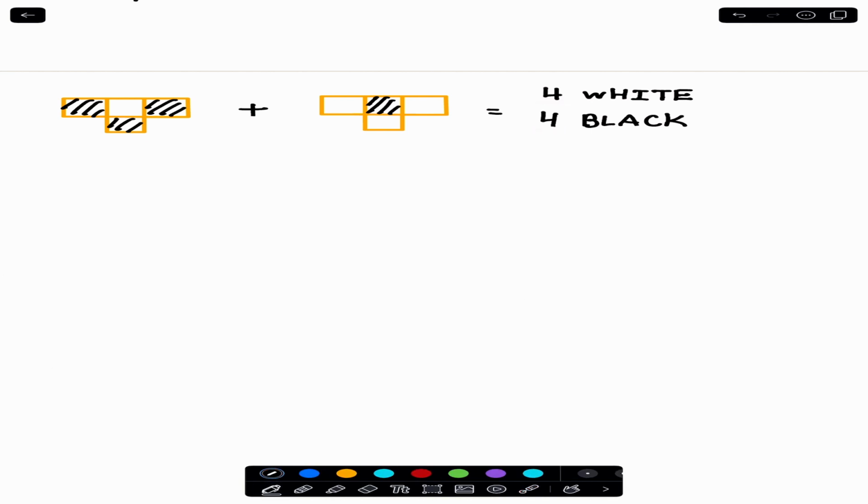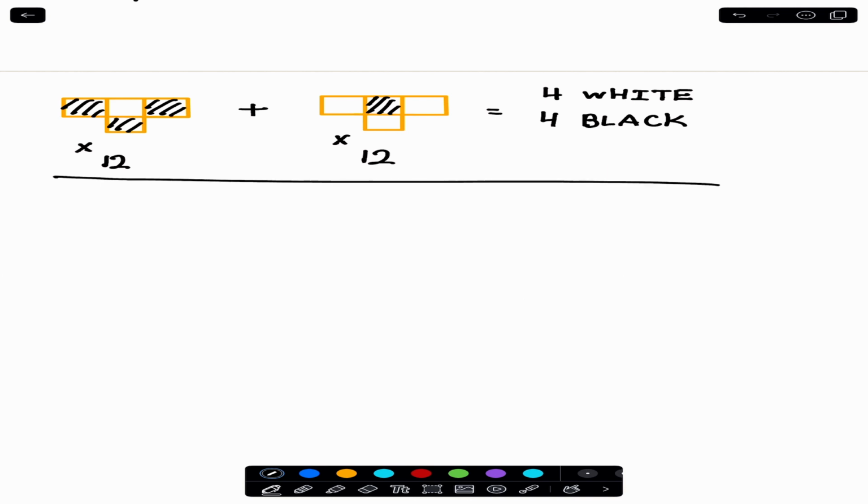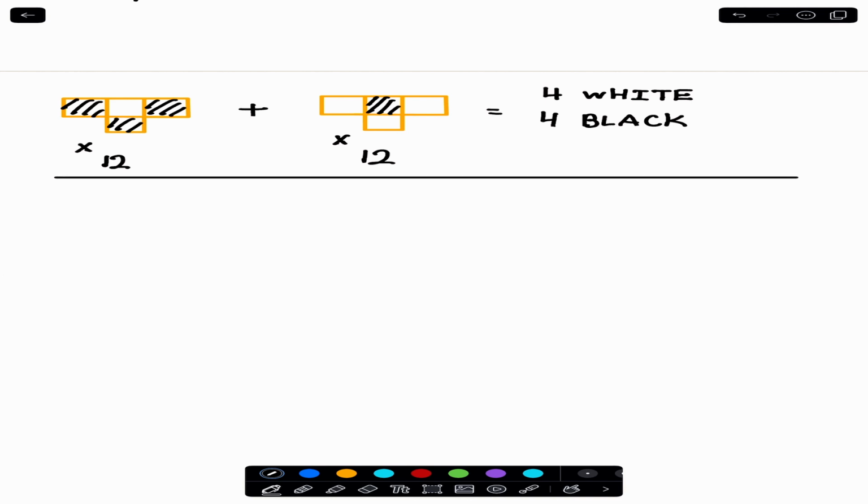Great. Now you can imagine, let's say the problem is here. Let's say I had 12 copies of this. And we're going to tally it up. If I had 12 copies of this tetramino, that means I would have 36 black squares and 12 white. And I apologize for writing the 2's differently.